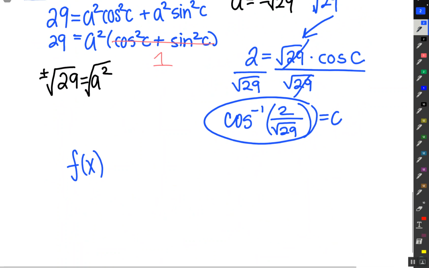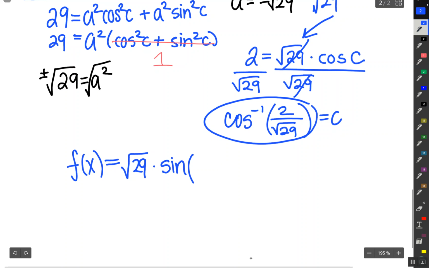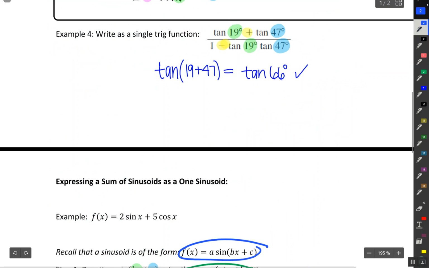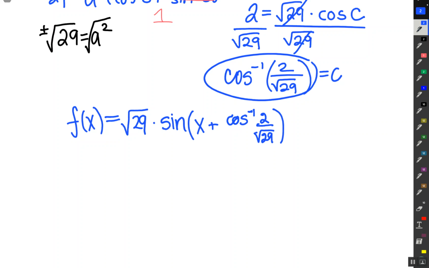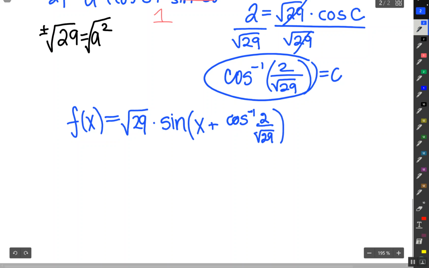So A goes in front, so the square root of 29 times the sine of B, which is just 1, x, plus C. And our C is cosine inverse of 2 over the square root of 29. And that's how you could write it. All right, the end.